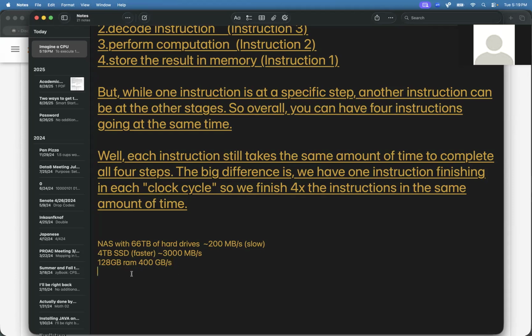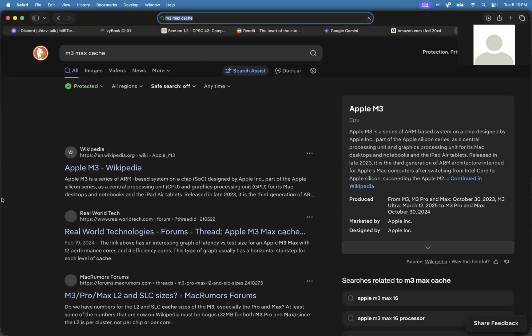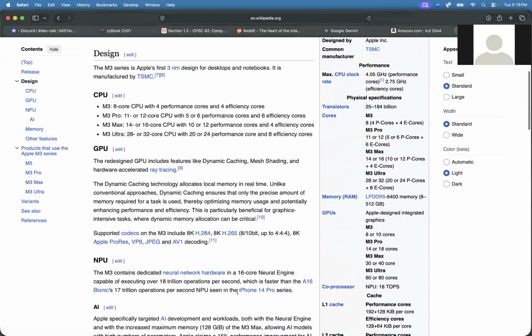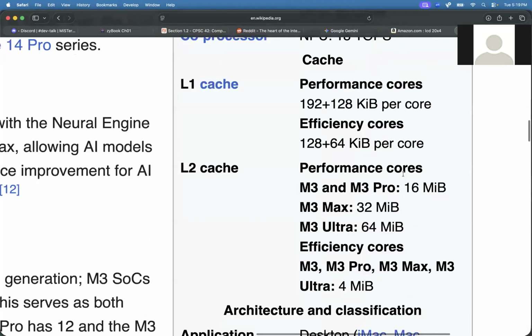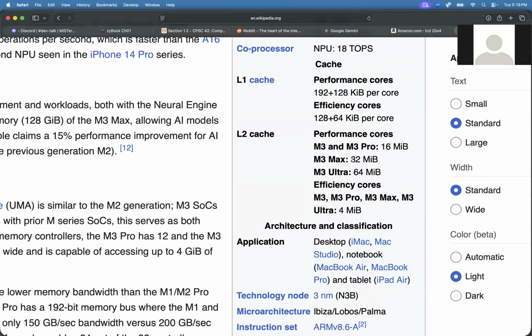But then on the CPU, we can look up the M3 Max cache. On the M3 Max, we've got 32 megabytes.